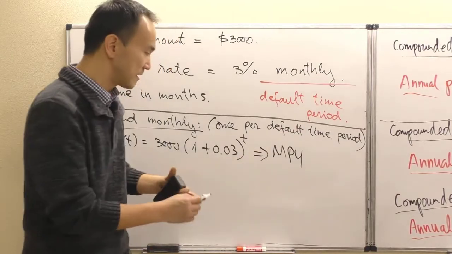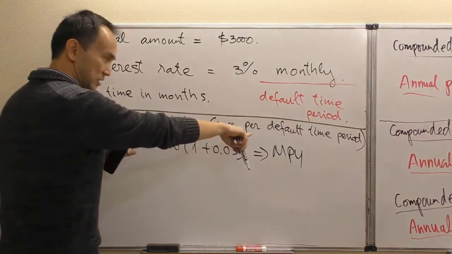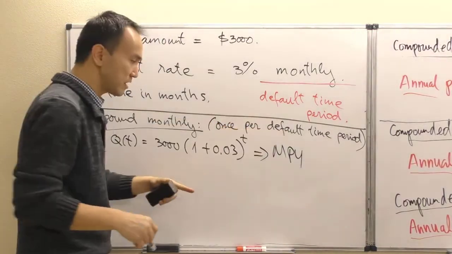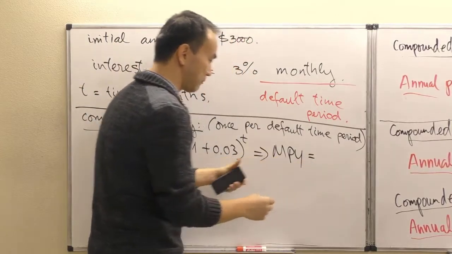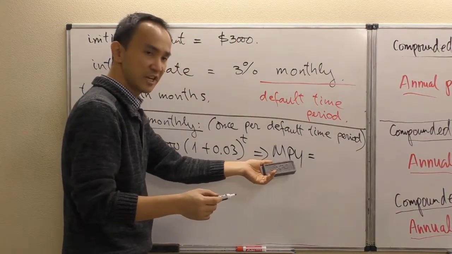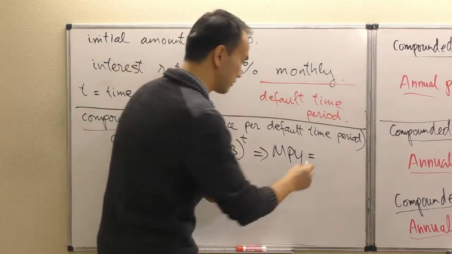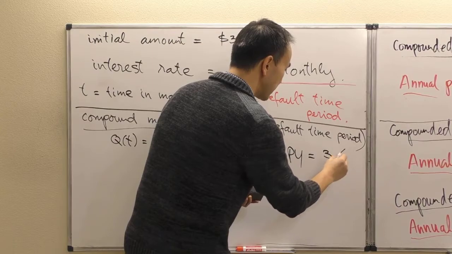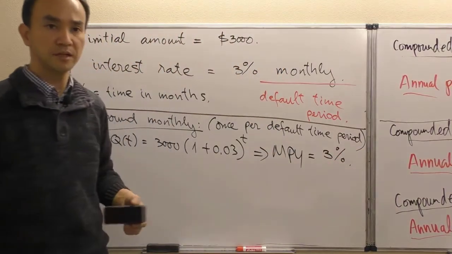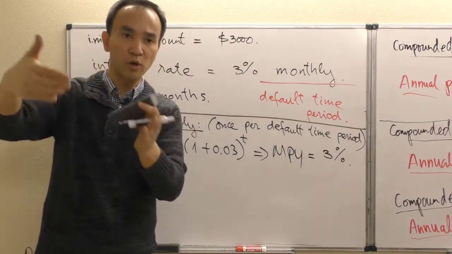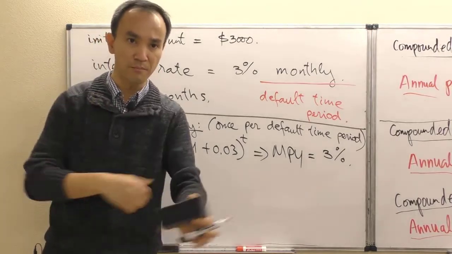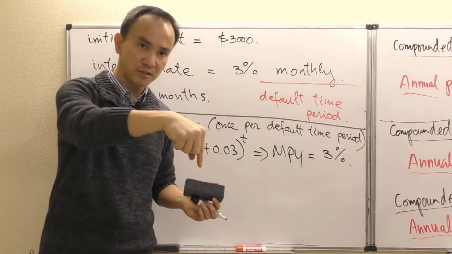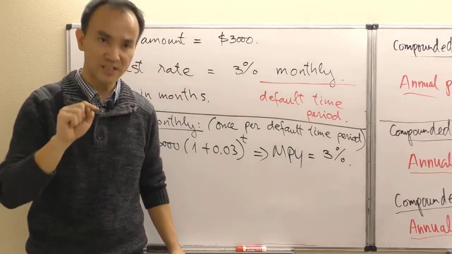But again, if we strictly stay with calculating interest once per default time period, then the observed percentage yield is, needless to calculate, exactly 3%. In every equal jump of 1 month, and 1 month, and 1 month, the money we earn is exactly 3% from whatever the preceding month. That's what it is.